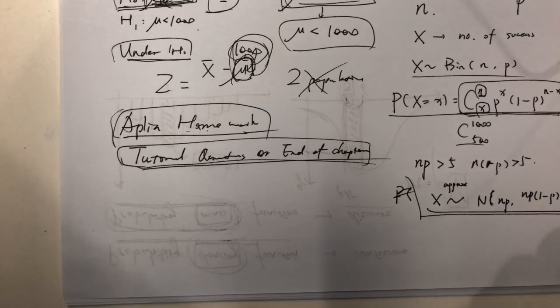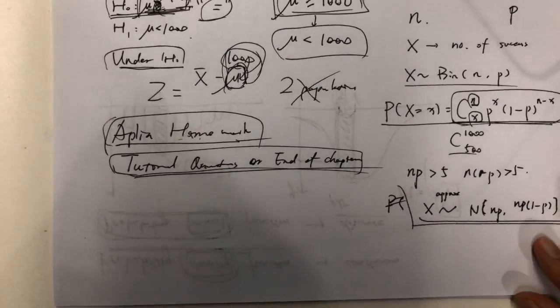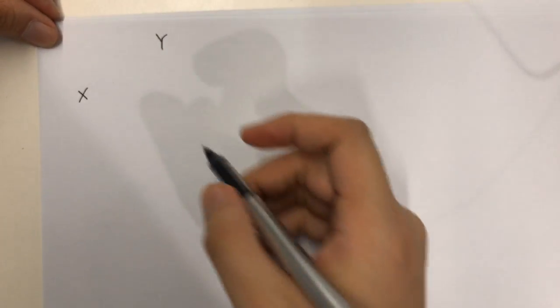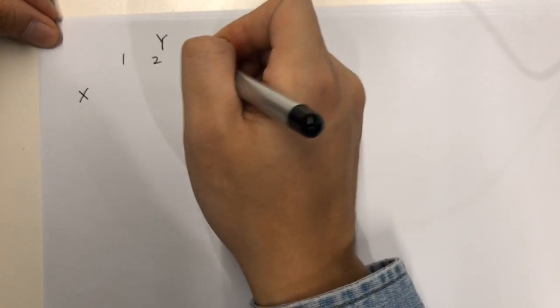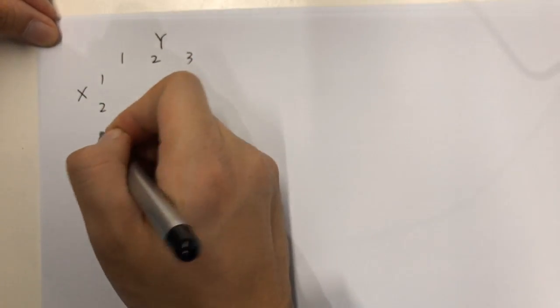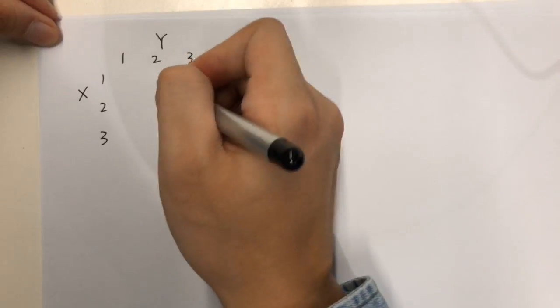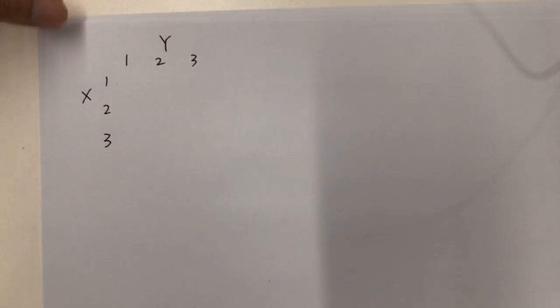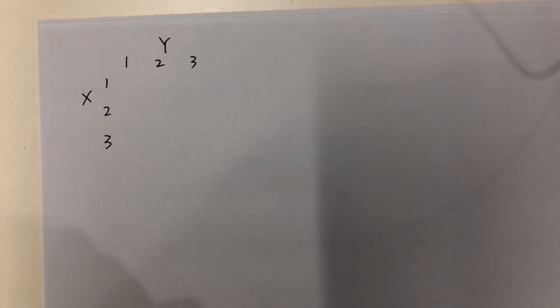I think Victoria Fong is talking about a question that is in your Aplia, and it requires a lot of time to calculate. So we have the joint distribution of x and y. So y's value can be 1, 2, 3. X can also be 1, 2, 3. And we have some joint probabilities over here. And yeah.